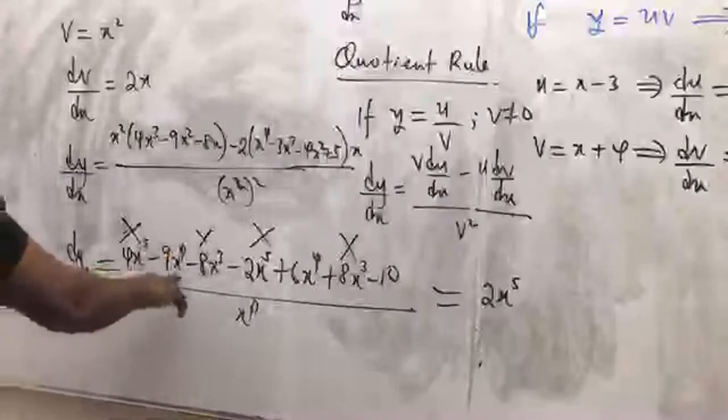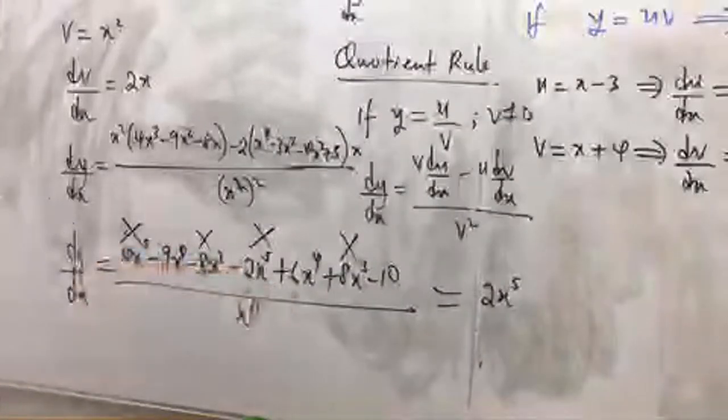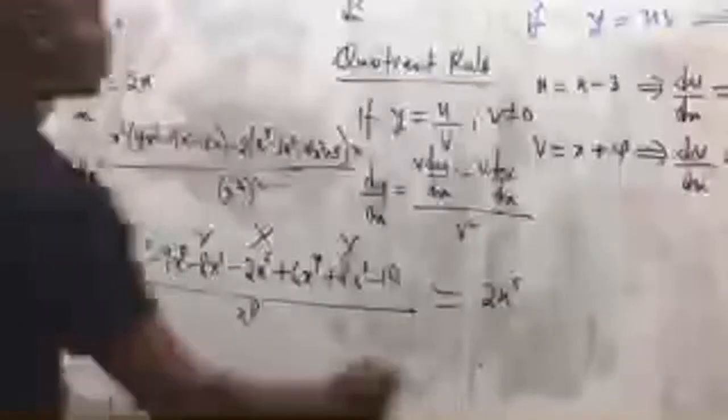Then minus x raised to power 4 plus 9 plus 6x raised to power 4 will give us minus 3x raised to power 4. Then comes the final term there, which is minus 10 all over x raised to power 4. So if you differentiate this function, the function we've been given in problem 15, you will get that result.